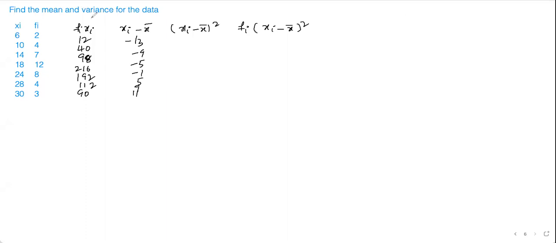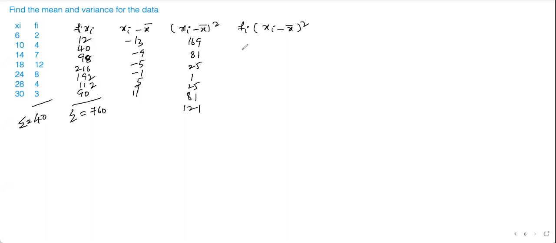So the summation of fi is 40, and we need the summation of fi into xi, which is 760. The squares are 169, 81, 25, 125, 81, and then 121.